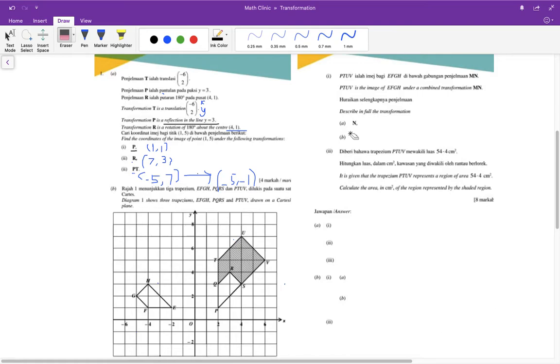Okay, so describe it in the full transformation. So you see this one is the combined transformation MN. But you need to read, just like I told you, from the right side to the left side, from the outside to the inside. So N, it starts with M first. So let's see.